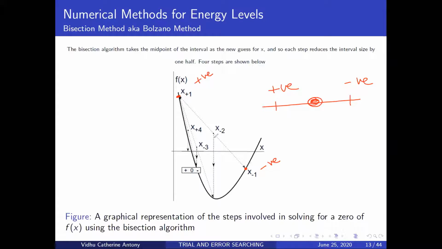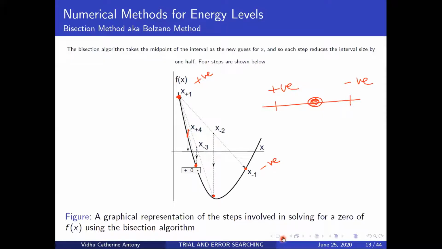So if you take this and divide it into 2, you get an x2, so you get an f of x here. Then you take this, divide it into 2, you get an x3, so you get a point here. Then you take this point and this point, again divide it into 2, so you get a function value somewhere here. You keep repeating this over and over again in order to get the actual value of the root.